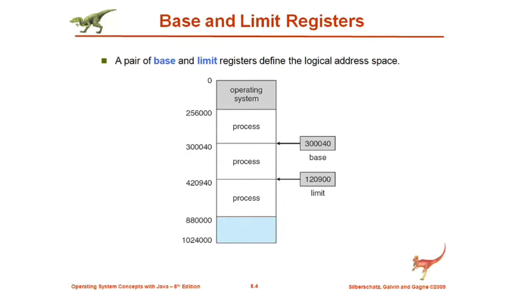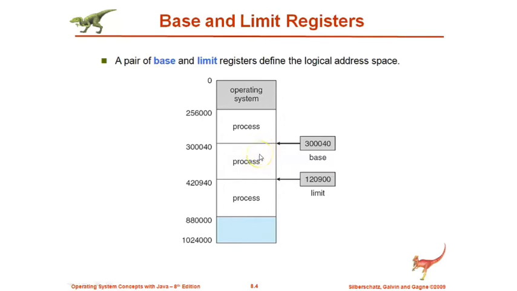For example, if the base register holds the value 30040, and the limit register has the value 12090, then the program can legally access all the addresses from the starting base address 30040 till 42090. So this is the legal memory address range that the program can access. In this way it will protect the memory.